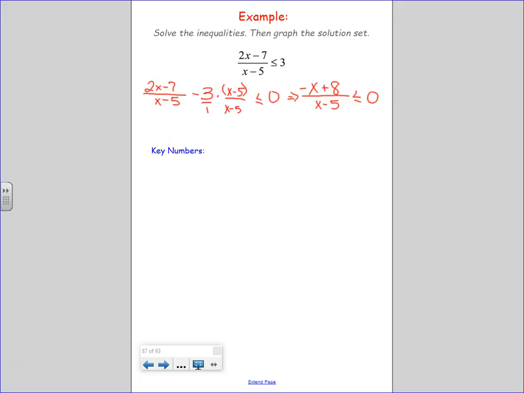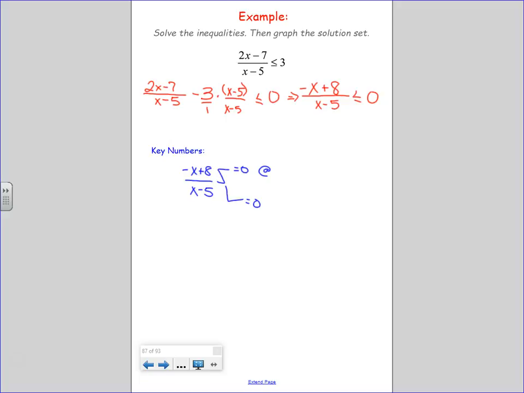how do I find my key numbers? Since I have a 0 on that side, I can take that cheater shortcut and say negative x plus 8 over x minus 5. Let's set the top equal to 0 and the bottom equal to 0. When will the top be 0? Negative x plus 8 equals 0 when x equals 8.